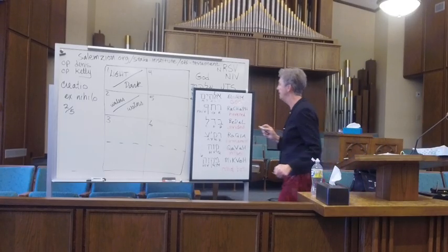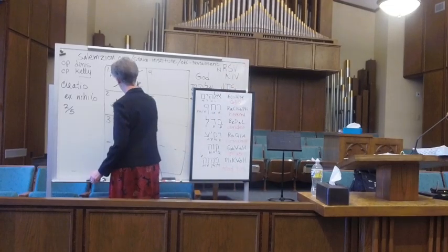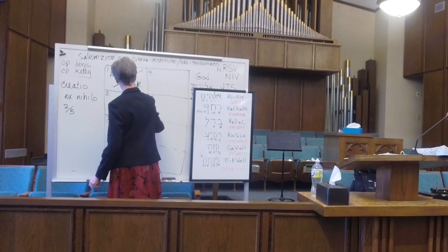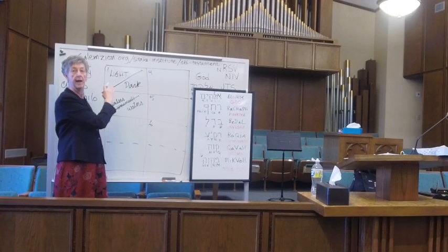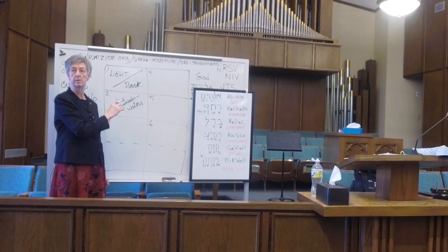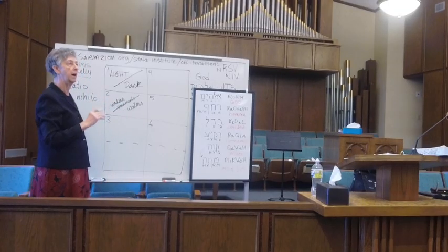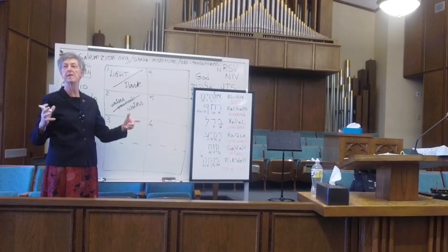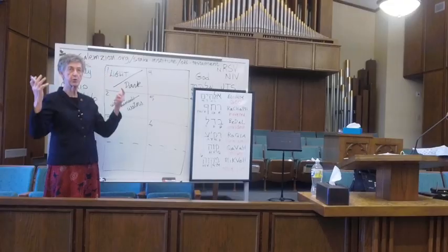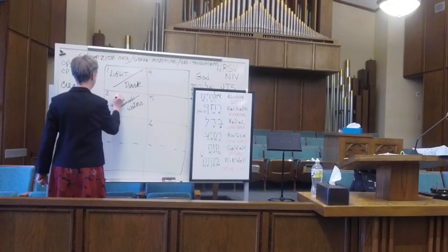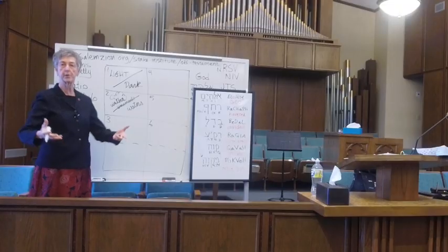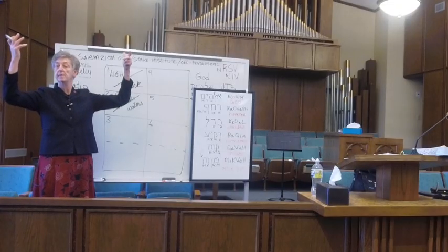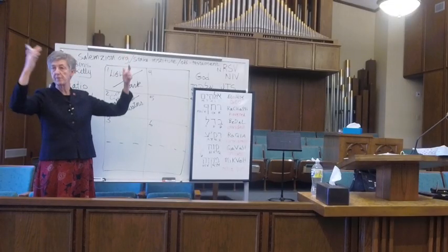Okay. So this is the firmament between the waters, the waters above and the waters below. Now, I like to use pictures to kind of visualize things, and so I'm going to draw some clouds to represent water above, and then the rain falls from them.